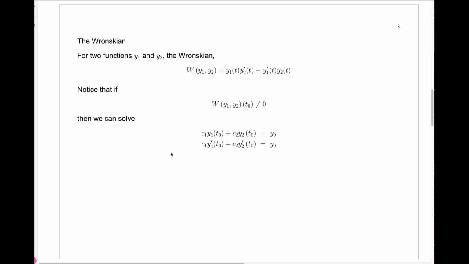So in order to really address this, we define the Wronskian. The Wronskian of two functions y1 and y2 is defined to be y1 y2 prime minus y1 prime y2.